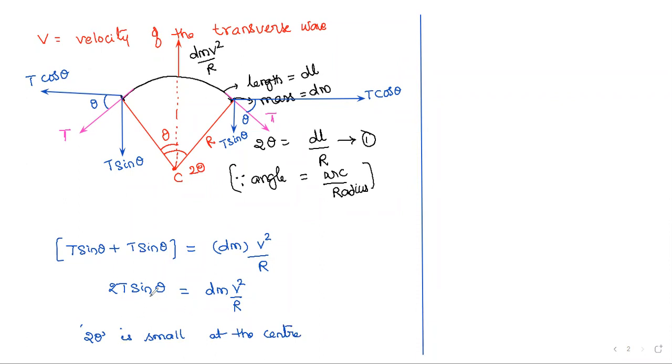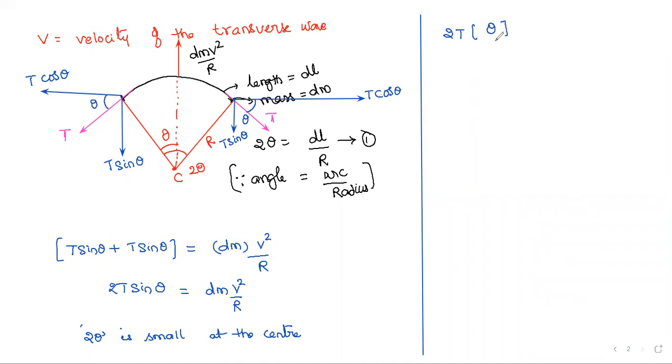2 theta is small, means obviously theta is small. If theta is small, sine theta can be written as, already you know in your oscillations chapter, sine theta is nothing but theta.